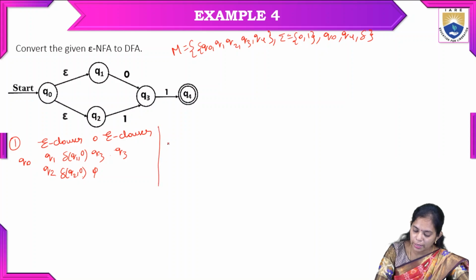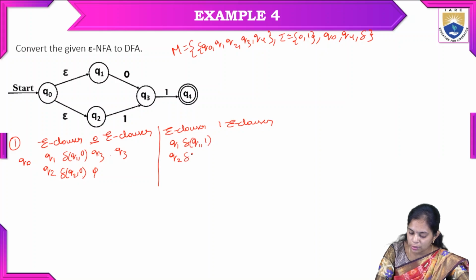And now we will write for the same, the 1 input epsilon closure. For the same state we have the values Q1, Q2, and transition of Q1 comma 1 and transition of Q2 comma 1.